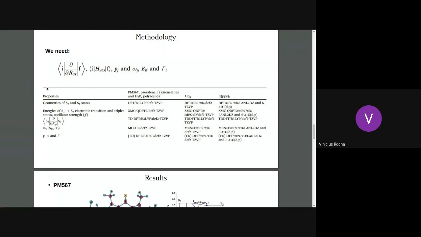So here we have the levels of theory that we use for the molecules. Here they specify the exchange-correlation potentials and the basis functions for the orbitals.